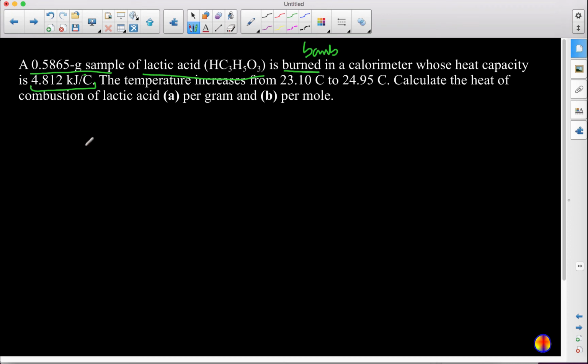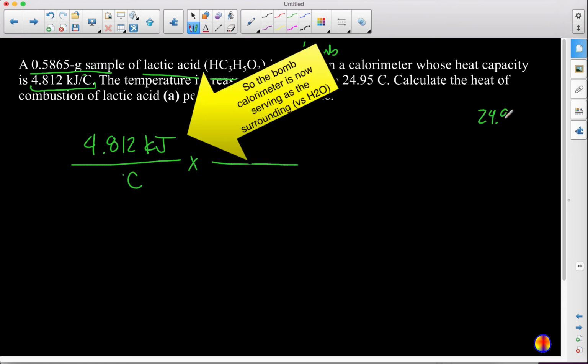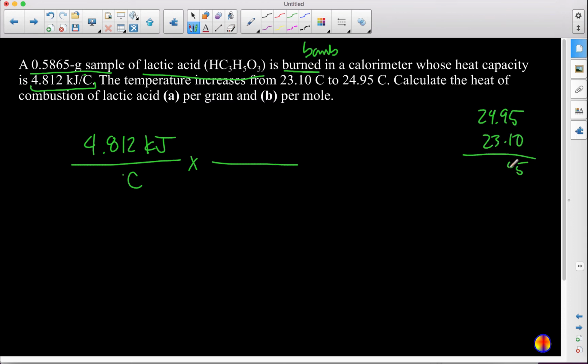So if we know that this calorimeter requires this much energy to change 1 degree Celsius, oh, look, we also happen to know that over here, 24.95, 23.10. We know that we had a temperature change of 1.85 degrees. Uh-oh. What can we calculate here?